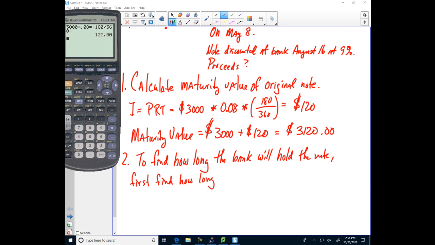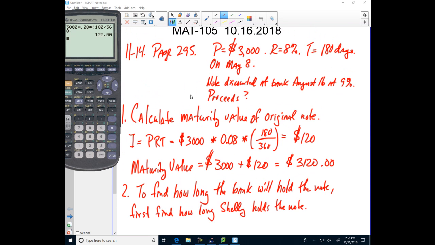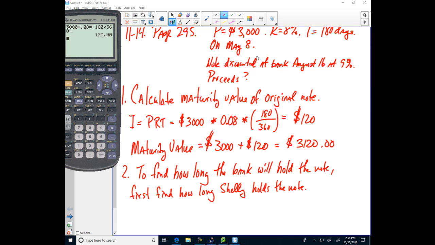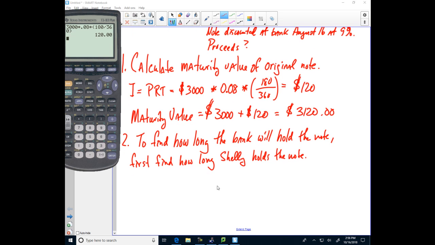Shelley holds the note, doesn't she? So you figure from May the 8th till when she took it to the bank, August 16th. This was signed for May the 8th. So those are our two dates we need to process here.